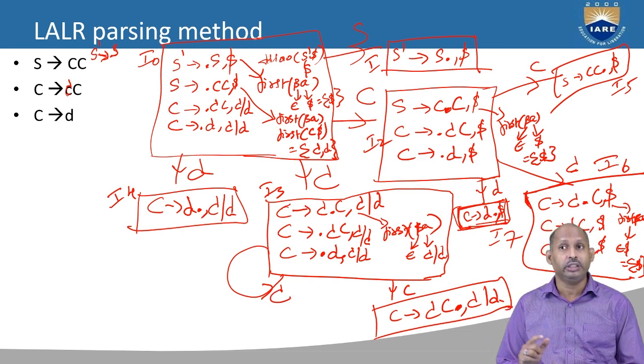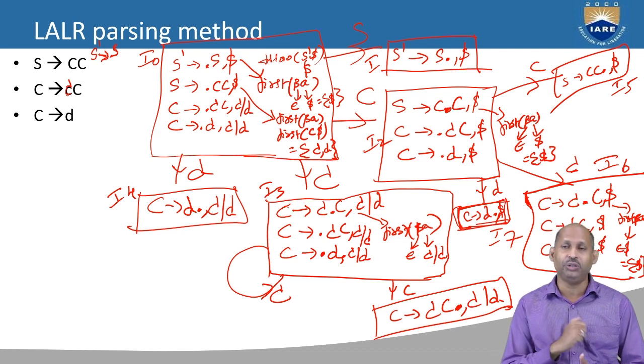C gives C dot C with the terminal symbols C and D. So I3 on terminal C will be I3 only.